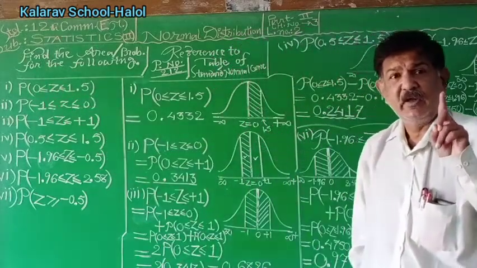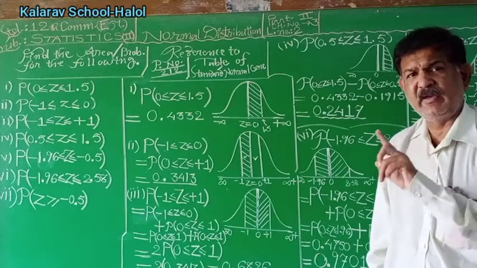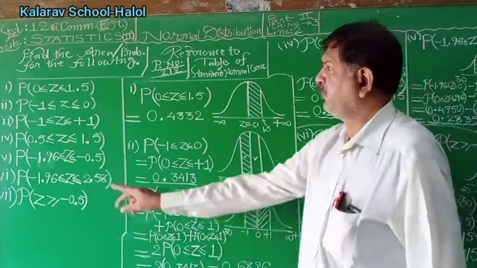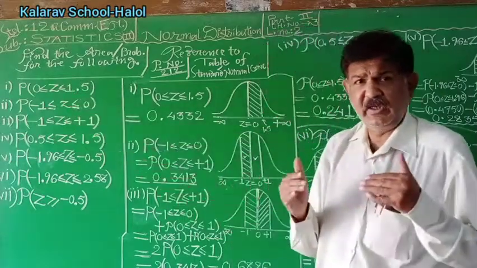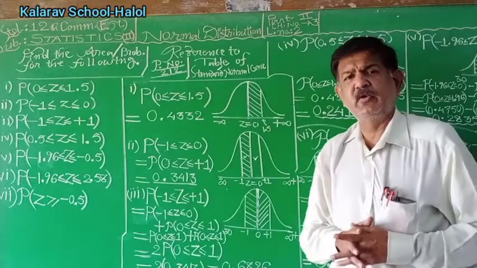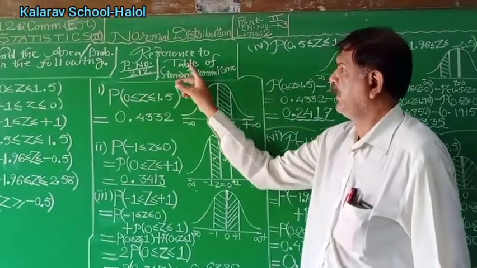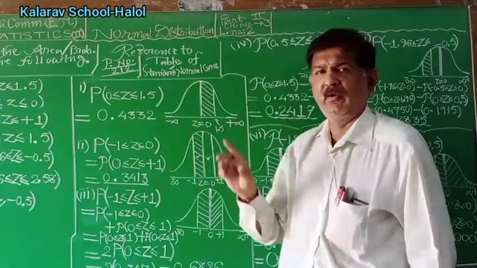Now see, x is the normal variable, z is the standard normal variable. In our textbook, Statistics Part 2, on the last page, page number 212, there is the table of the standard normal curve.